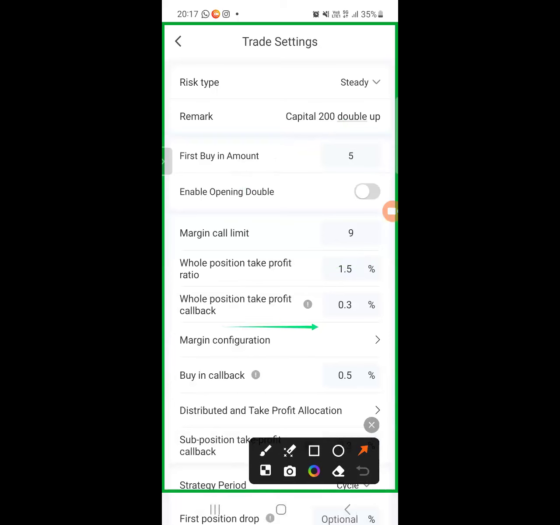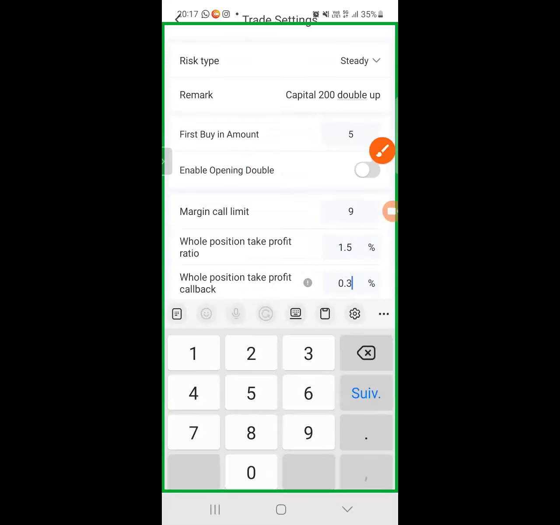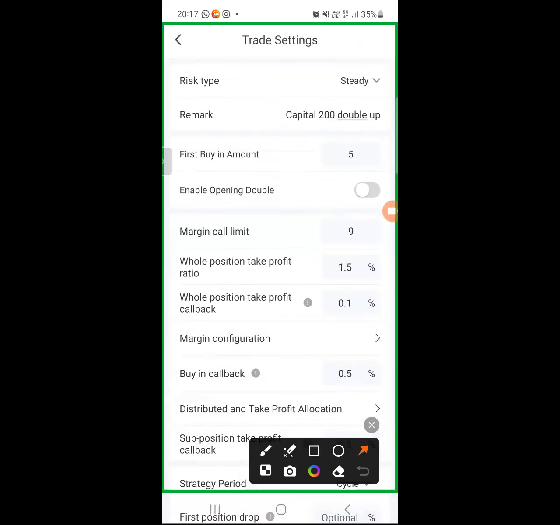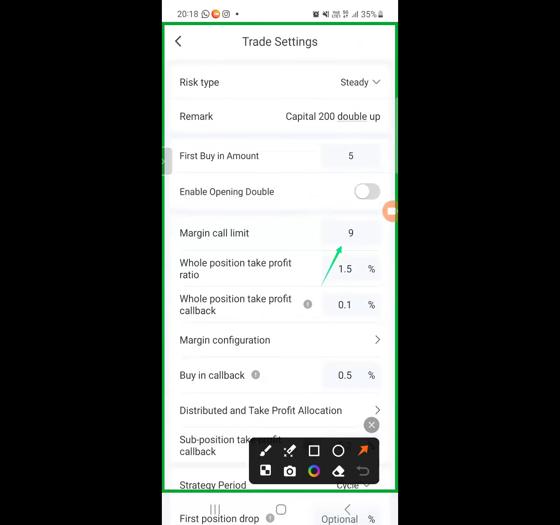Then the next 0.3, it means, dear robot, the amount of money that you put on the coin, I want 1.5%. But anytime the coin hits 1.5% and is still going up, leave it, may it continue going up.